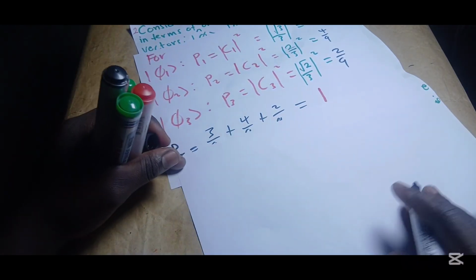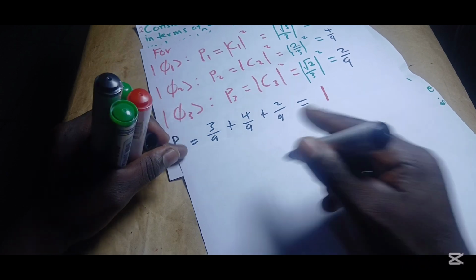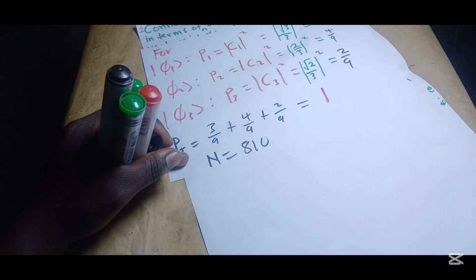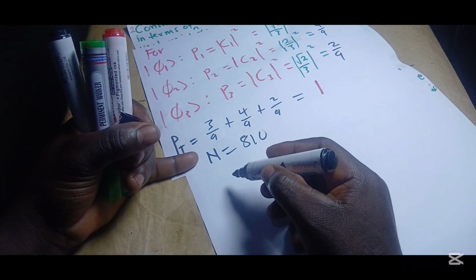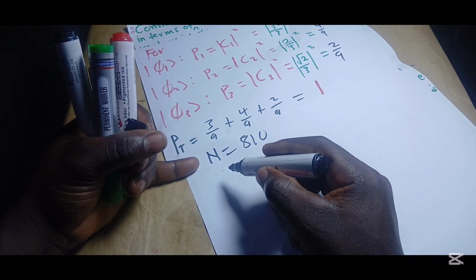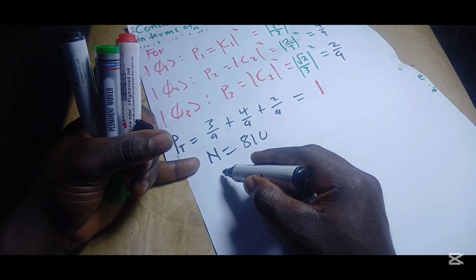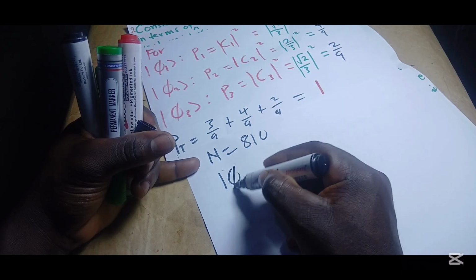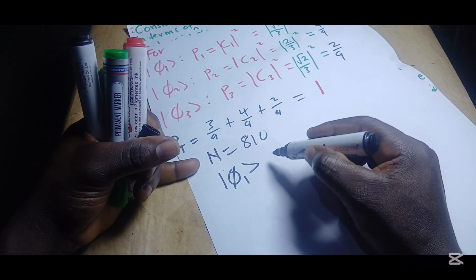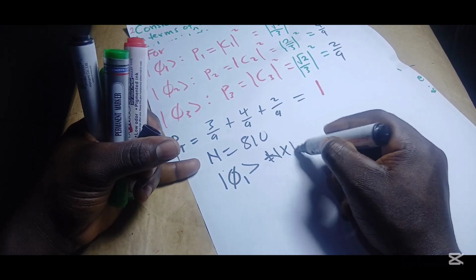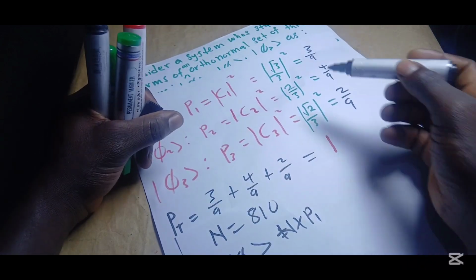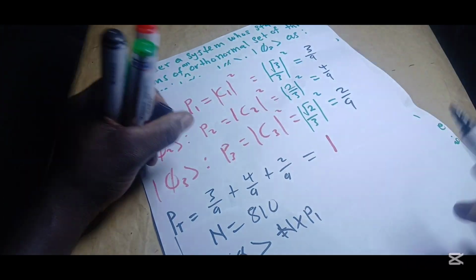So now, an ensemble of 810. Let's call the total number of the ensemble n, so n is 810. The probability of finding the system in state phi 1 is going to give us n times p1, which is the probability contribution of phi 1 that we calculated here to be 3 on 9.